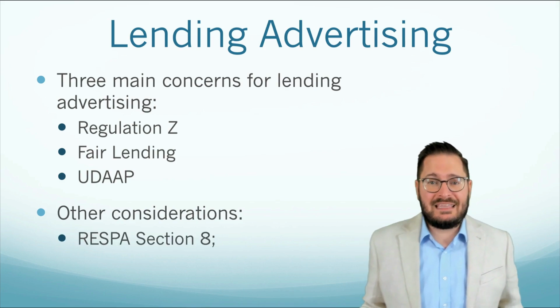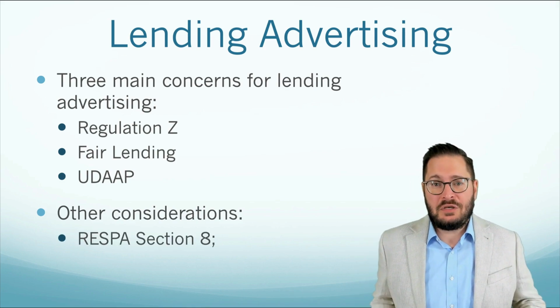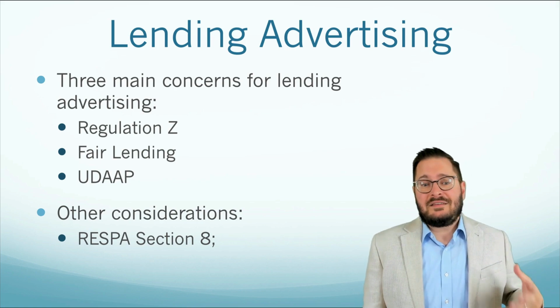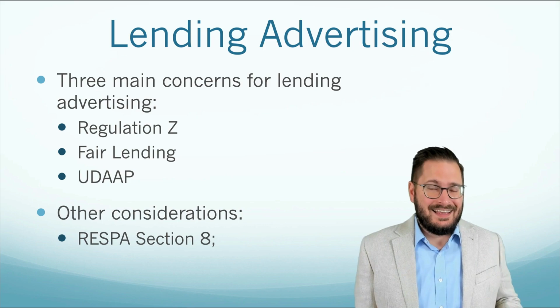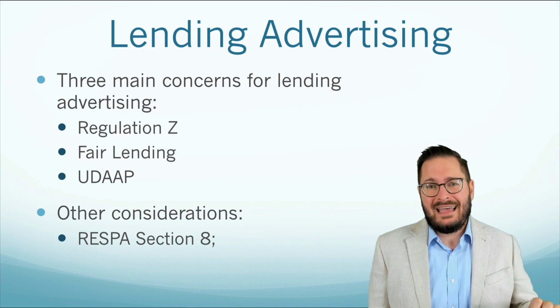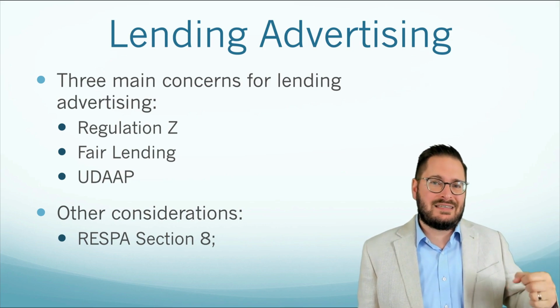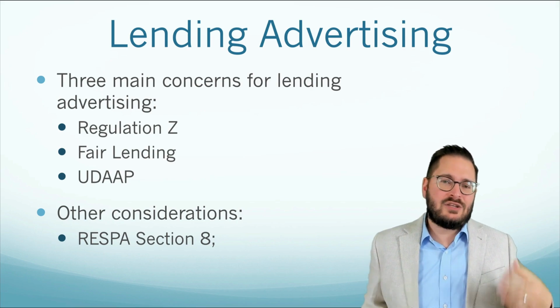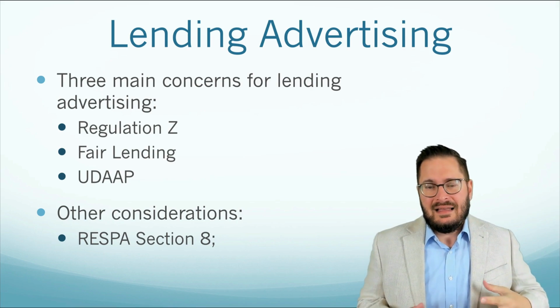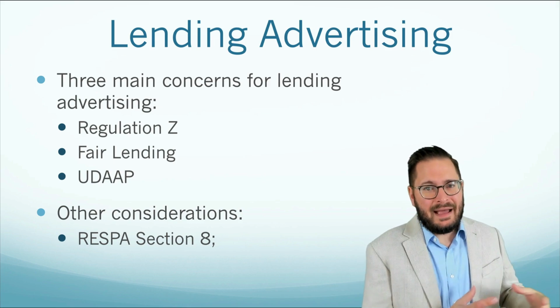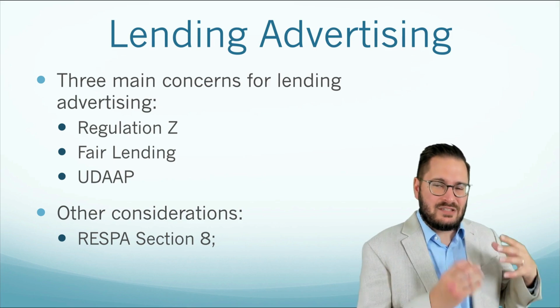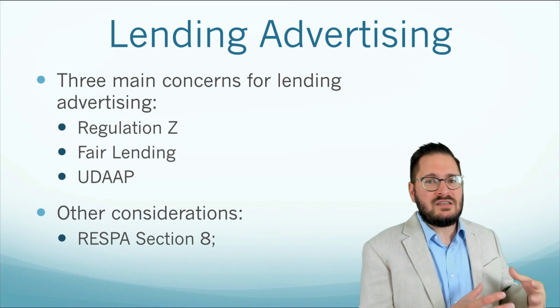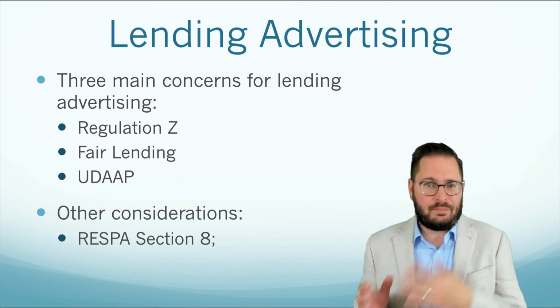The first is RESPA Section 8. The Real Estate Settlement Procedures Act, Section 8, prohibits kickbacks and unearned fees as it relates to a settlement service. In short, this means that you cannot provide kickbacks or unearned fees to somebody in relationship to a settlement service for services that were not actually rendered and not actually performed.